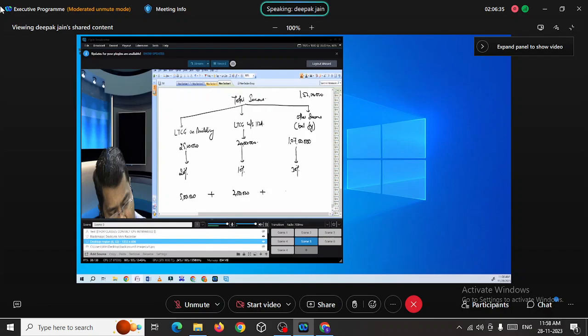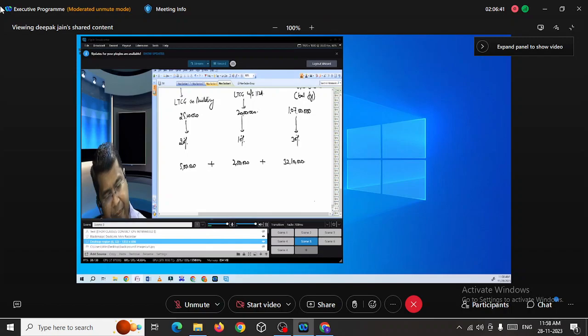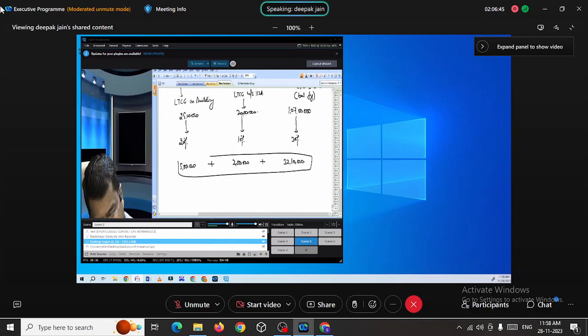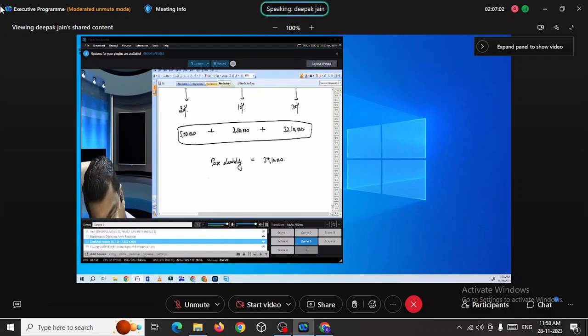How much? 32 lakh 10,000. Yes sir, this is my total tax. 32 and 2 is 34, 39 lakh 10,000. Do let me know whether surcharge is applicable or not.